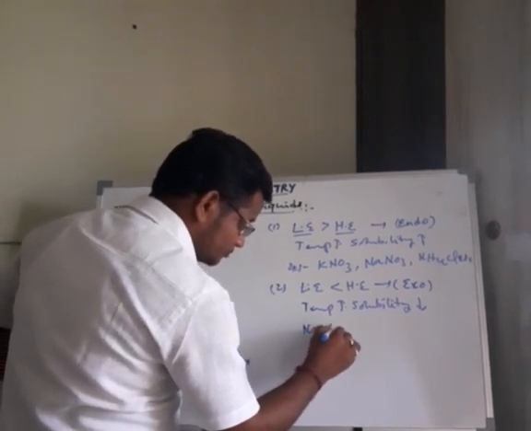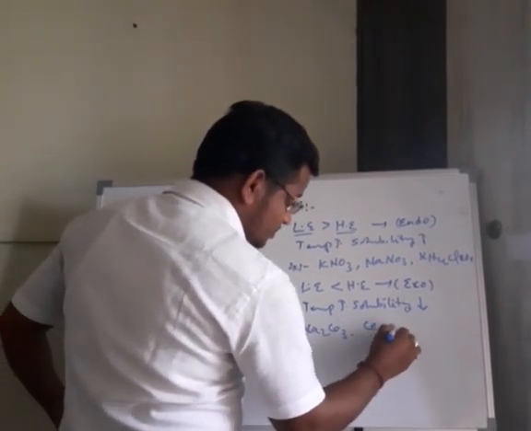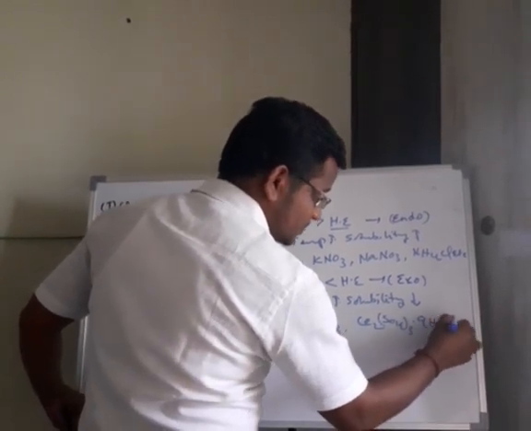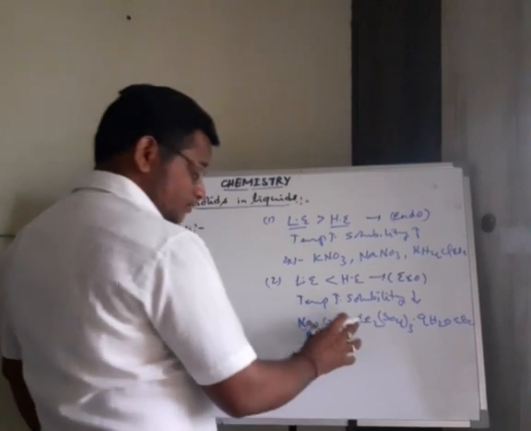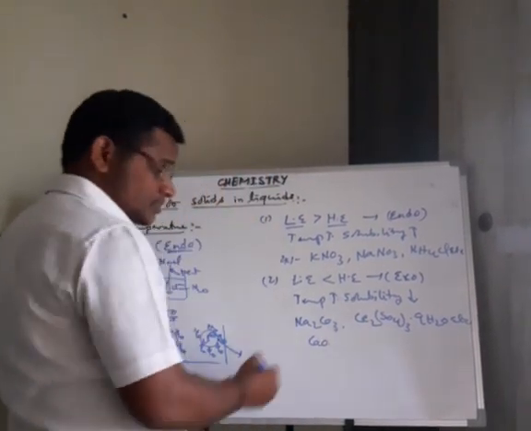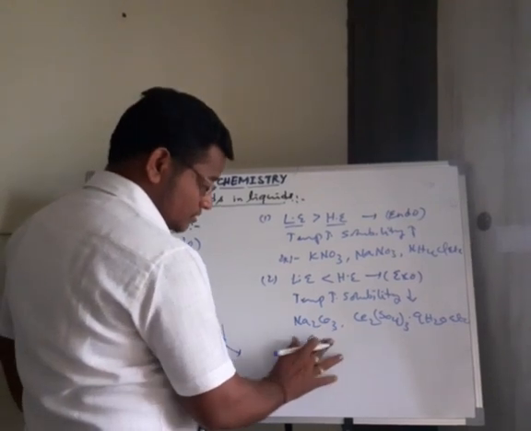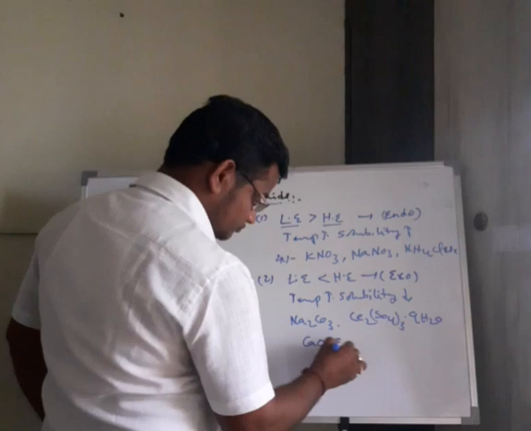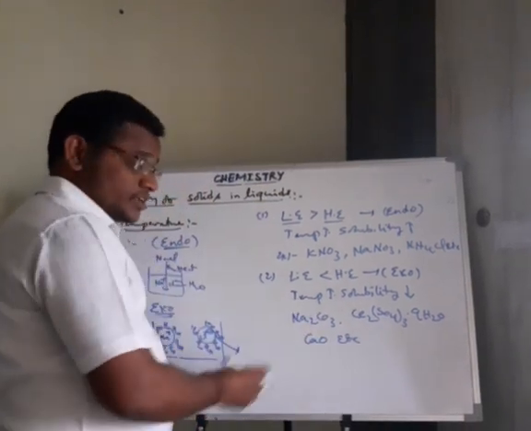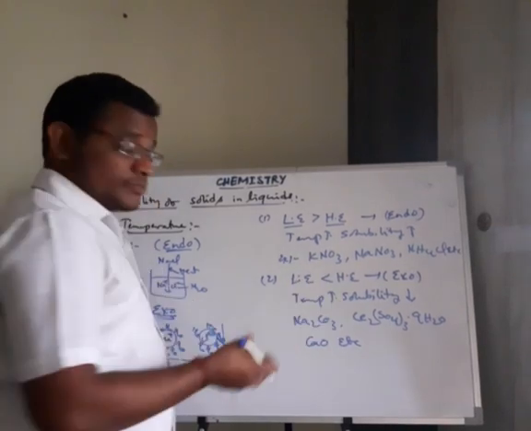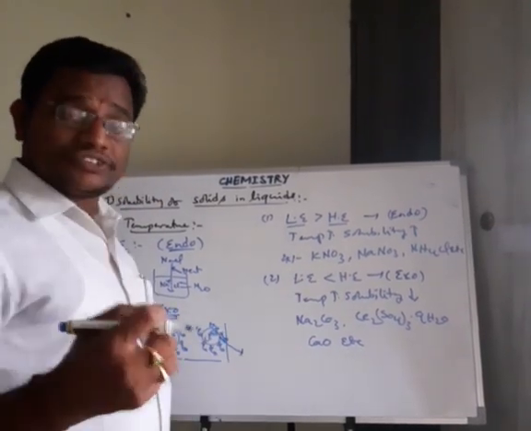Examples are sodium carbonate and cerium sulfate, and another one I told you just now, calcium oxide, CaO. When this type of solid solute is added to water, some amount of heat is released in the formation of the solution. Why?